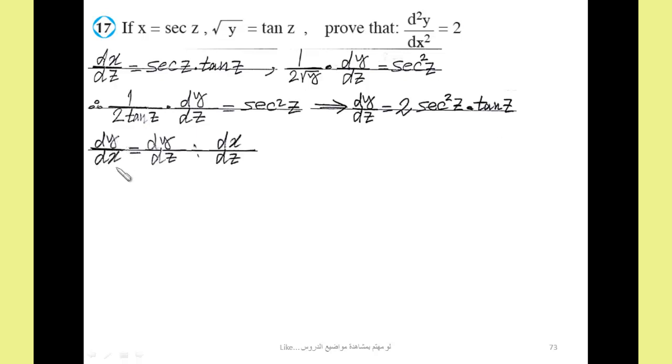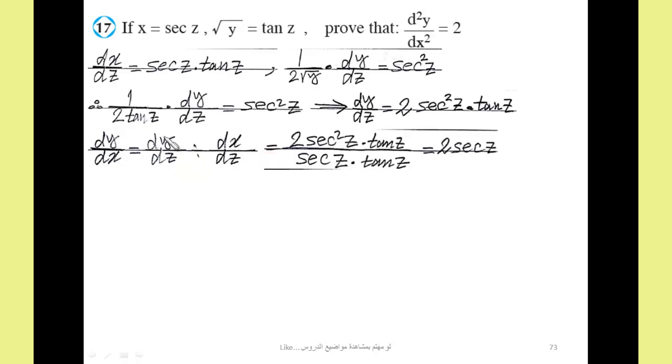dy/dx equals dy/dz divided by dx/dz, chain rule. What is the value of dy/dz? dy/dz equals 2 sec² z tan z over dx/dz, and dx/dz equals sec z tan z, of course.